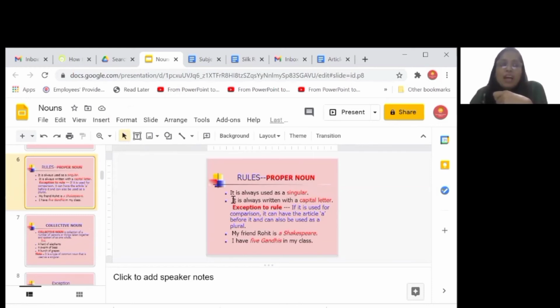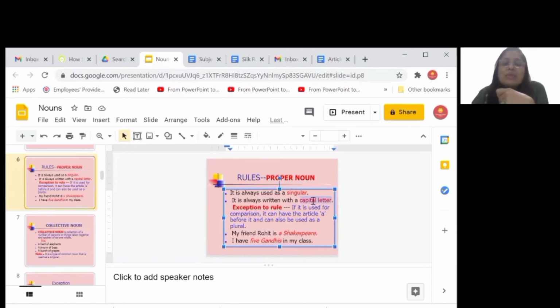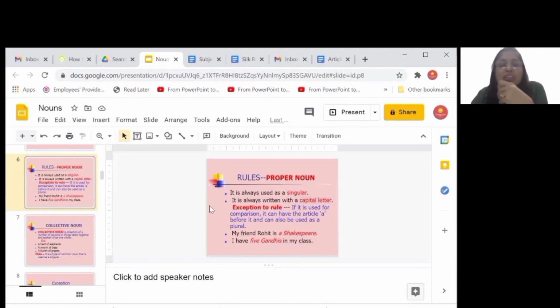And because of that, because it is unique and only one in the universe, therefore, it is always written with a capital letter. So, this is the rule. These are the two rules actually which are related to the usage of a proper noun.